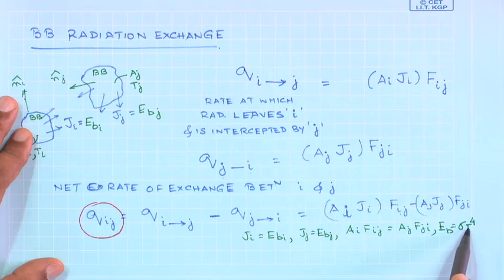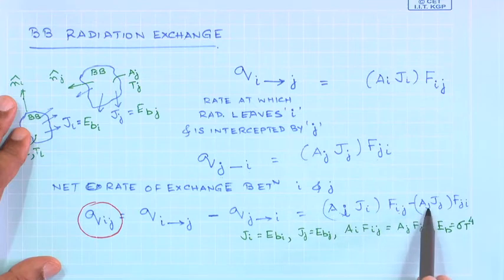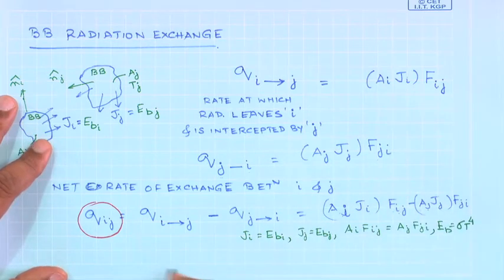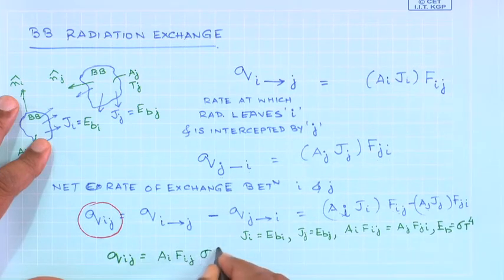So, when you put all of them together, what you are going to get is Qij is Ai Fij sigma times Ti to the power 4 minus Tj to the power 4.